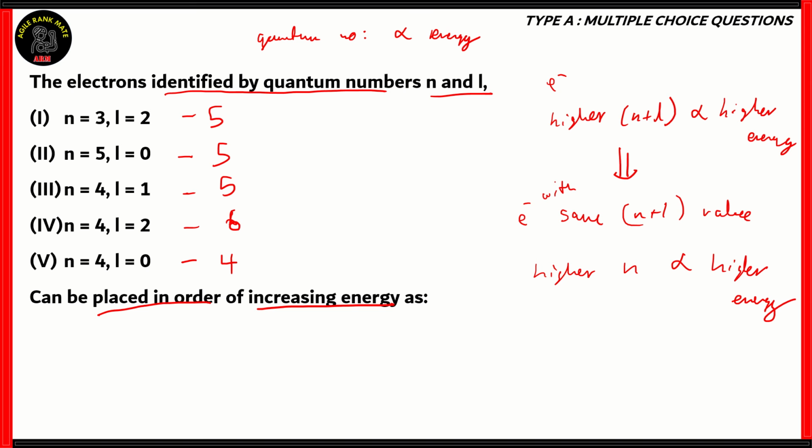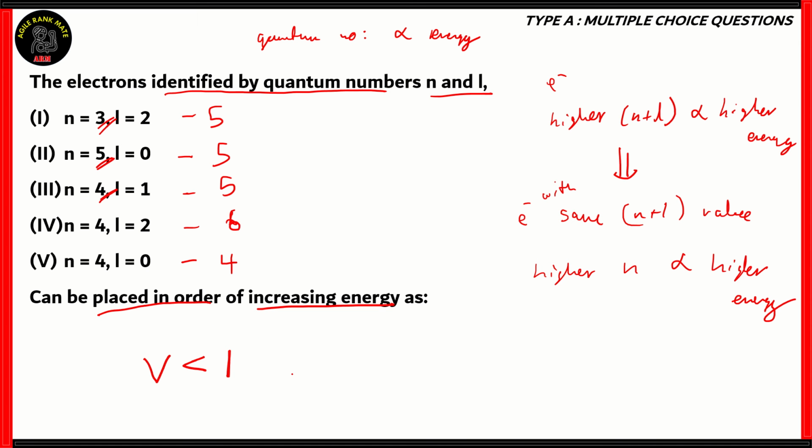So if you use this rule, you can see that electron 2 has the maximum n, which is 5, followed by electron 3, which has n equals 4, and then finally electron 1, which is n equals 3. So electron number 5 has the smallest amount of energy, and then we have 3 electrons with n plus l value equals 5. Among them, electron number 1 would be the smallest because n equals 3.